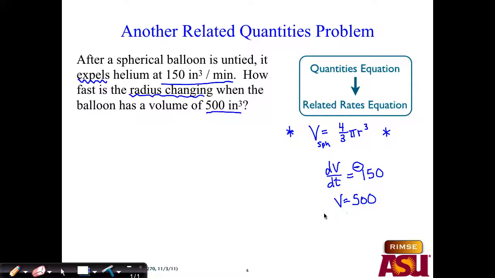Yeah, dr/dt or r prime of t, whatever notation you like. This is the thing we're trying to find. And based on the problem, it should be shrinking, so I'd expect dr/dt to come out negative. If you weren't thinking about shrinking versus growing and left out the negative before, it would just come out without the negative later.